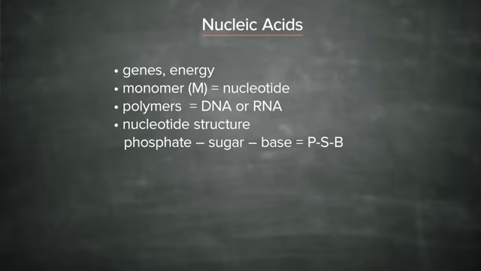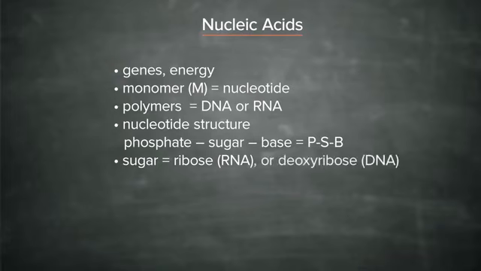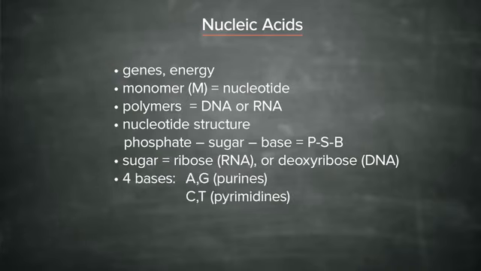Okay? The sugar is a 5-carbon sugar called ribose, or it might be deoxyribose. And the bases are adenine, guanine, cytosine, and thymine. A, G, C, or T.